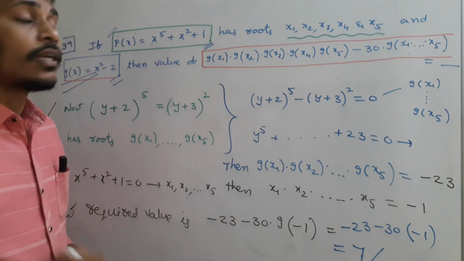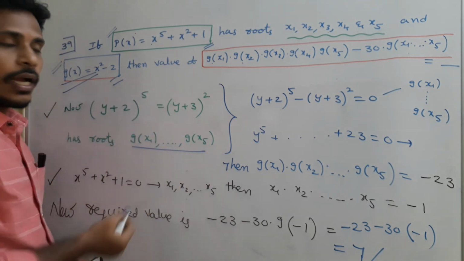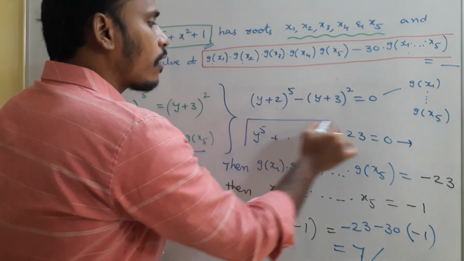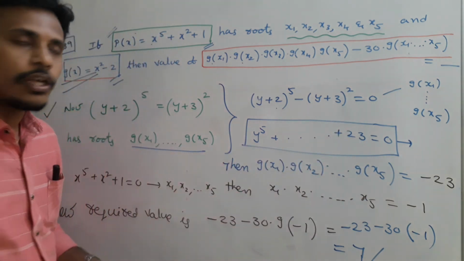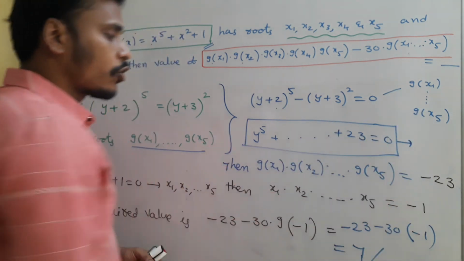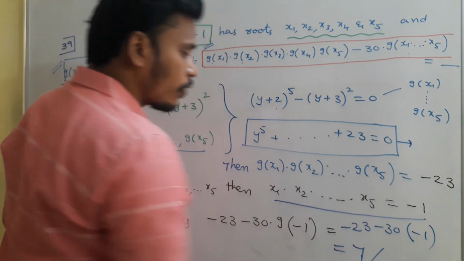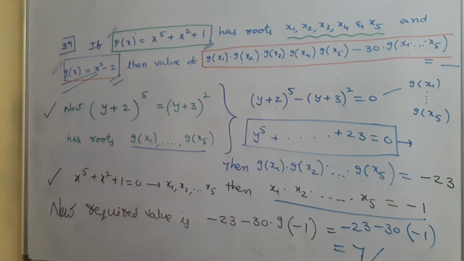That's why you construct a polynomial whose roots are these 5, and this is the polynomial. From that polynomial, we are sure that the leading coefficient is 1 and the constant is 23. So the product of all these roots is minus 23. Again, from the given polynomial, the product of all these roots is minus 1. From these two steps, at the end our required answer is 7. Have a look.